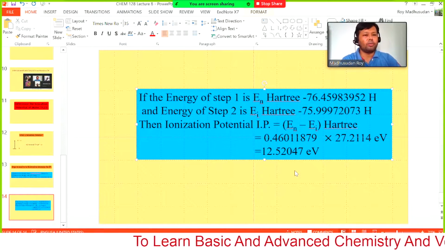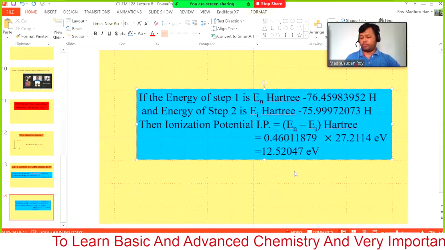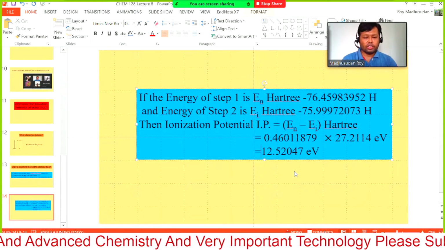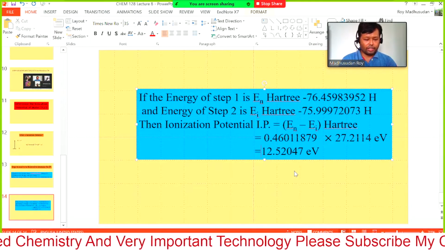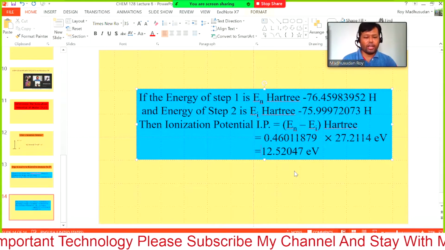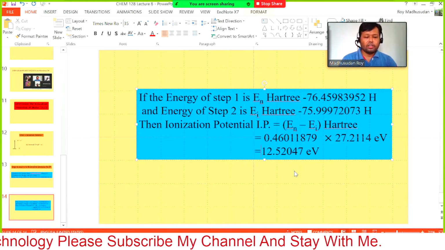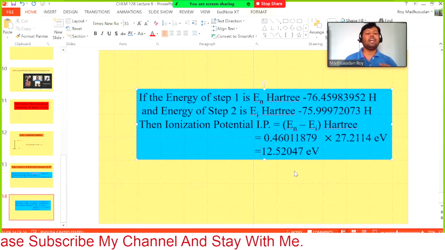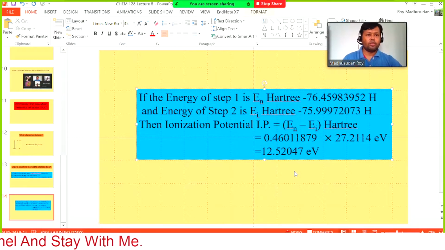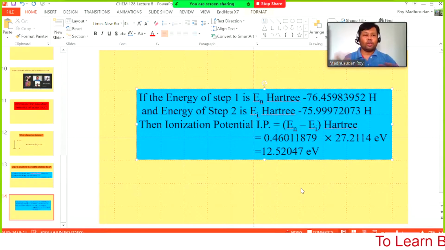That is quite reasonable. The difference from 12.65 is 0.12, and if you divide by 12.65 and multiply by 100, it is just less than 1%, around 1% deviation from the experimental value. So we are getting the theoretical value, and we don't need to go to the laboratory or perform any experiment.